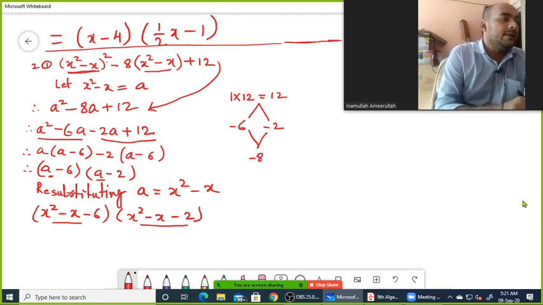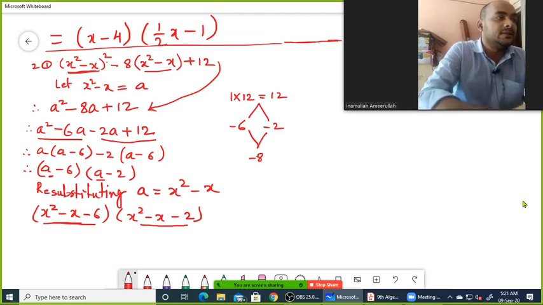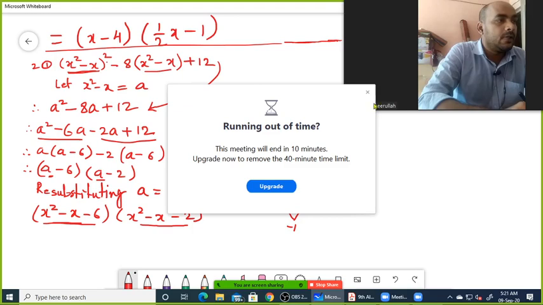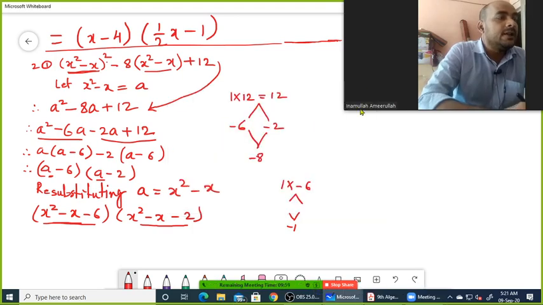So I'll take the first one, x square minus x minus 6. There we have the coefficient of the first term as 1, and the third term is minus 6. And the coefficient of the middle term is minus 1. So I need minus 6 as product and minus 1 as sum. So I can take 3 2s are 6.